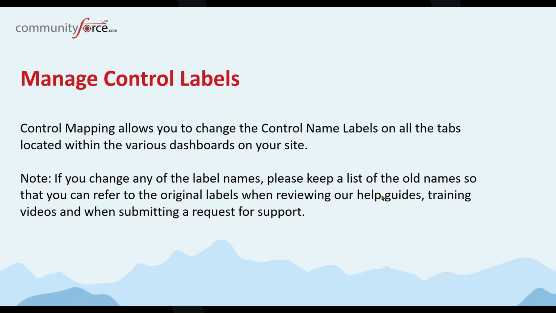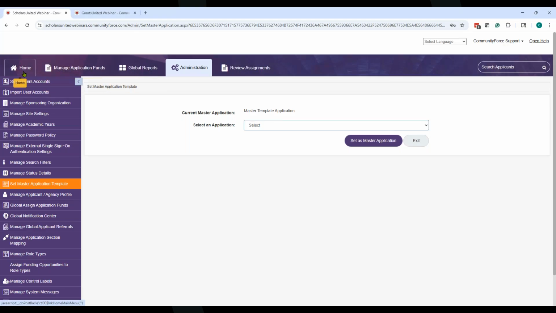So what are control labels? So up here, home, manage applications, global reports, administration, review assignments, all of those are control labels. All of these are control labels. So you have the ability as the administrator to change these control labels. Now, all of the things that we're discussing today, it's important to note these are universal.